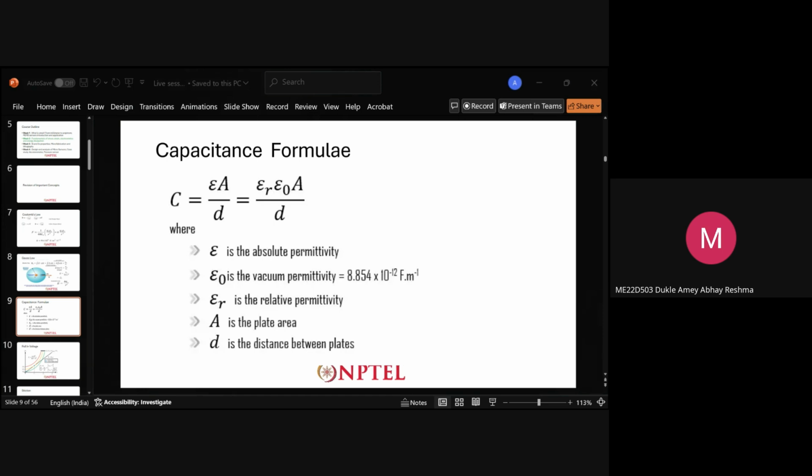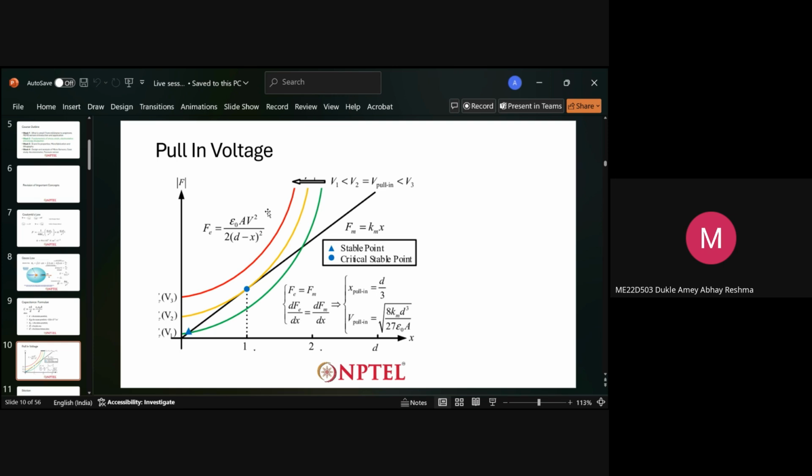Again, the next important formula, that is the pull-in voltage. Whenever a capacitor is functioning, there are two types of forces in place. As I said earlier, opposites attract.